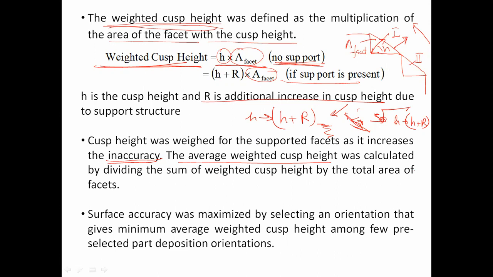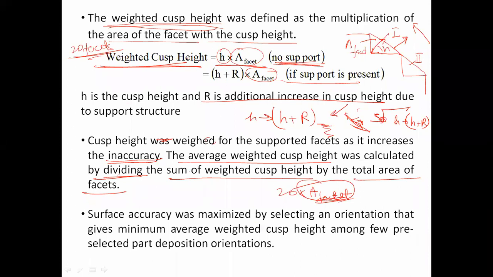Now, what is average weighted cusp height? Average weighted cusp height is the sum of all the weighted cusp heights. Suppose you had 20 facets. You calculated the weighted cusp height for all 20 facets and added them up together. Then you divided that by the total area of the 20 facets, that is 20 times the area of each facet.